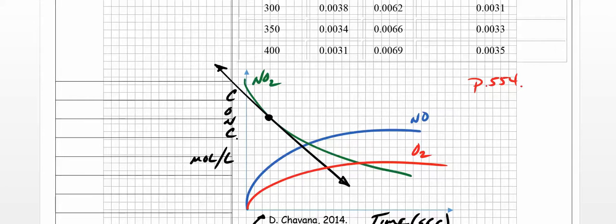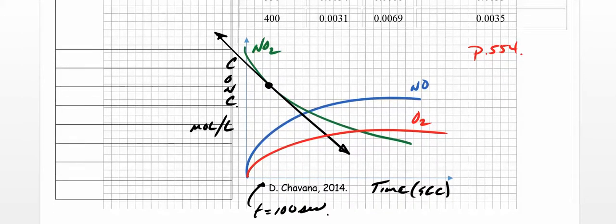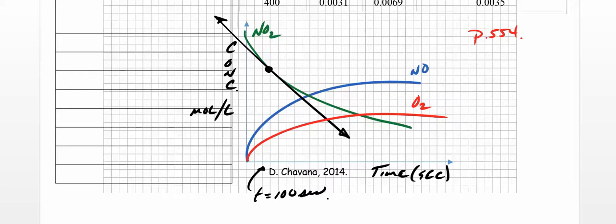Now, we can talk about what we call an instantaneous rate, and I've used a black line to denote that. In fact, Zumdahl looks at a particular time, t equal 100 seconds.